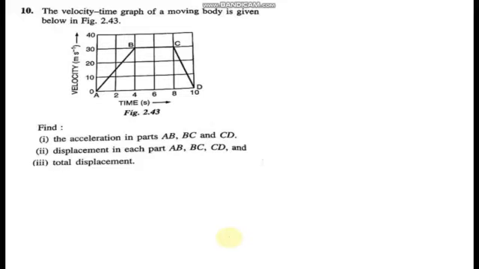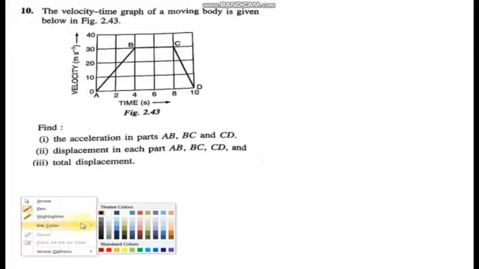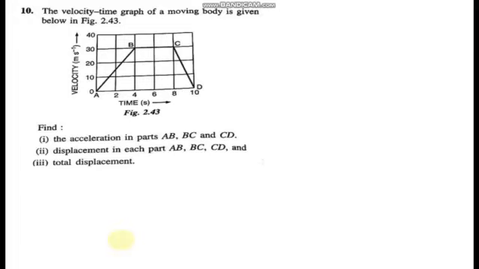In this question we are given the velocity time graph of a moving body and we have to find the acceleration in different parts. Now acceleration is always given by the slope of the velocity time graph. Now what is the acceleration in the part AB?